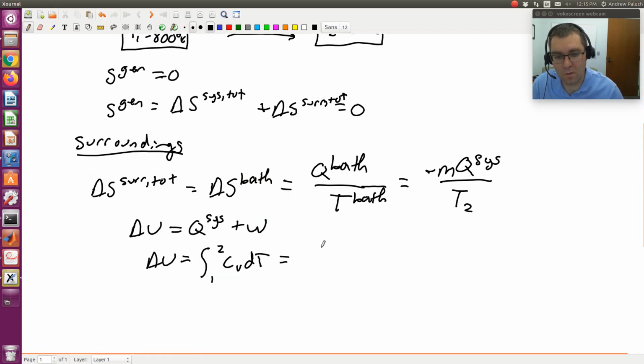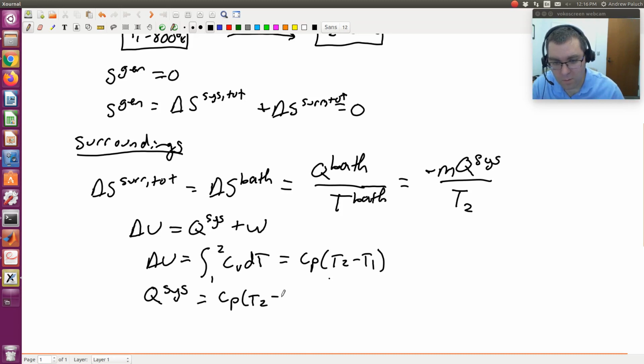So delta U we can just take to be Cp times T2 minus T1. In writing it this way, the assumption is that delta U is approximately equivalent to delta H. So delta U is equal to Cp T2 minus T1, so that Q system is equal to Cp T2 minus T1 minus W.